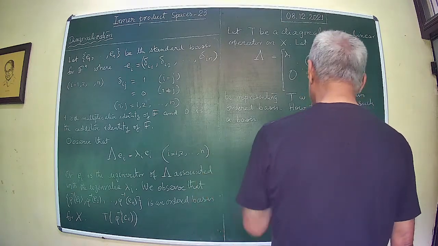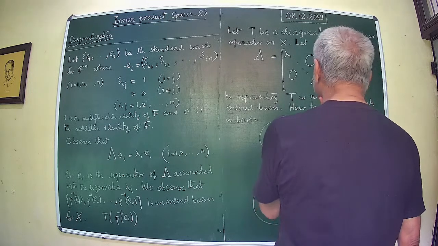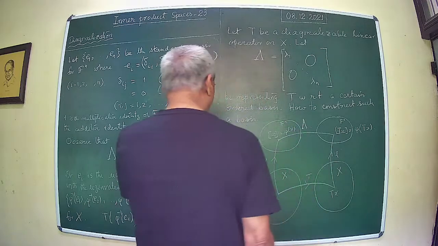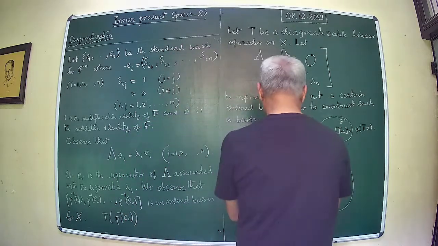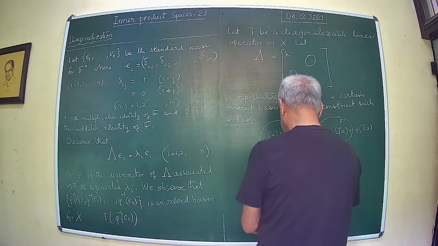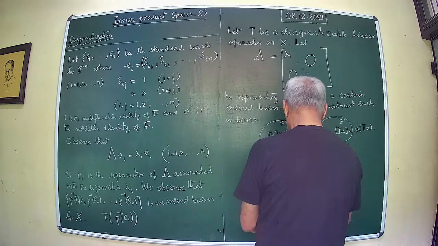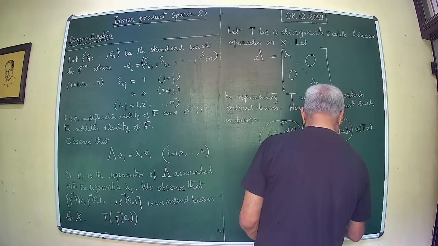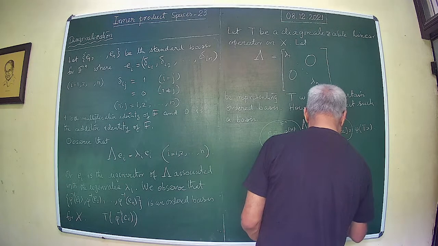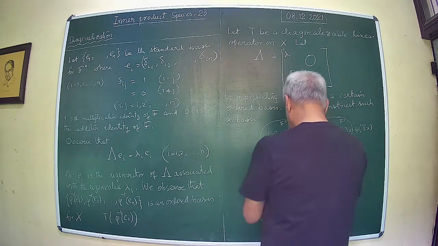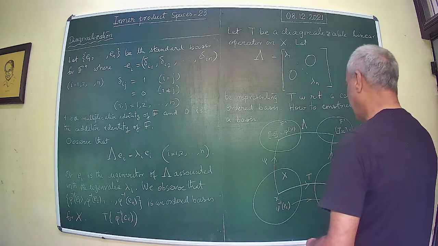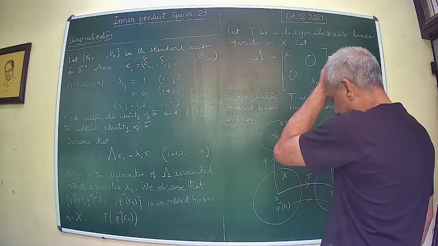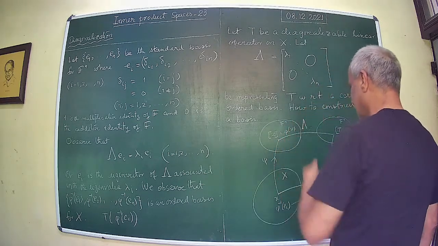T of phi inverse of Ei is essentially, now apply phi to it. If you apply phi to it, you will get Ei.